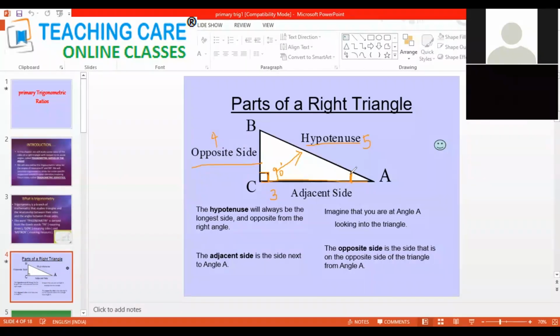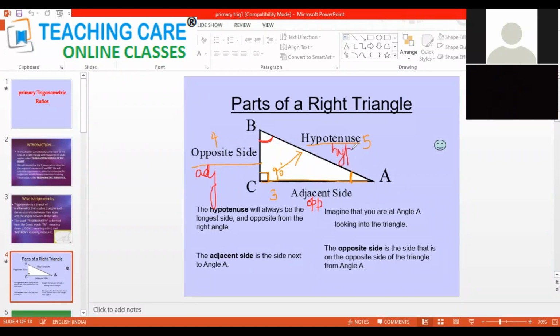This is if I take angle A. If I take angle B, then the opposite side will be this one, and my adjacent side will be this one, and this is my hypotenuse.